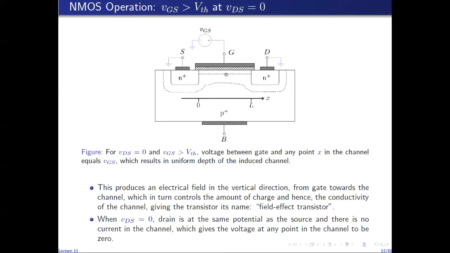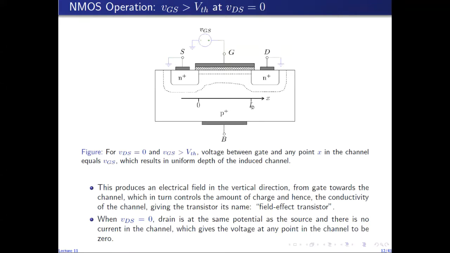And the voltage between any point in the channel with respect to the source is zero. The position of a point within the channel is given on this mathematical axis by x. When x is equal to 0, we are at the source, referring to the boundary of the source region, or the end of the channel at the source region.